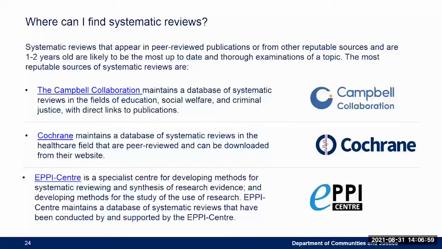I would actually say that Cochrane's a little bit more health medical focused. So I think definitely for our work, the Campbell Collaboration is the best. It has a lot on social welfare programs, homelessness, foster care, and other child welfare. So it is really, really useful.